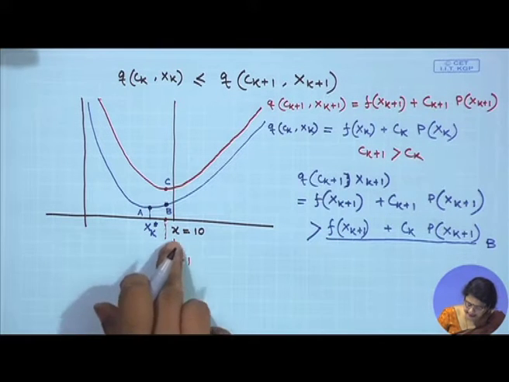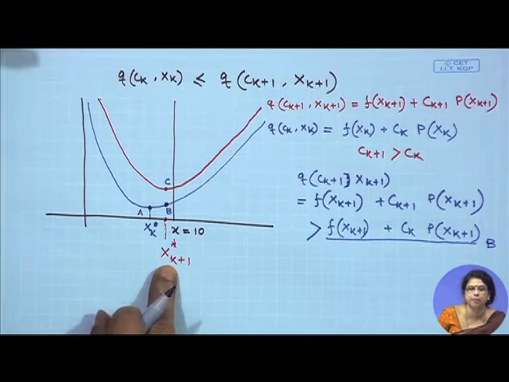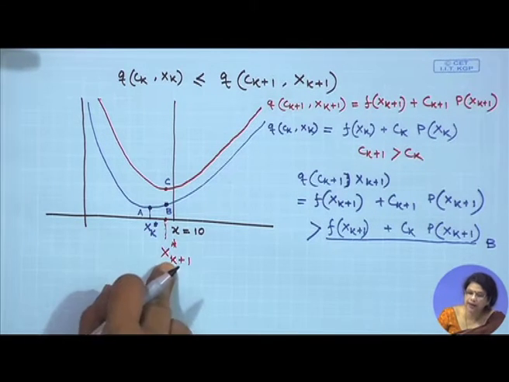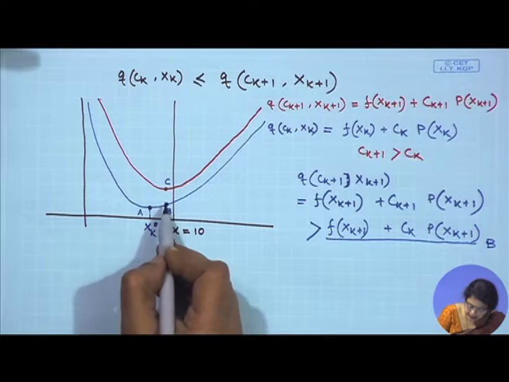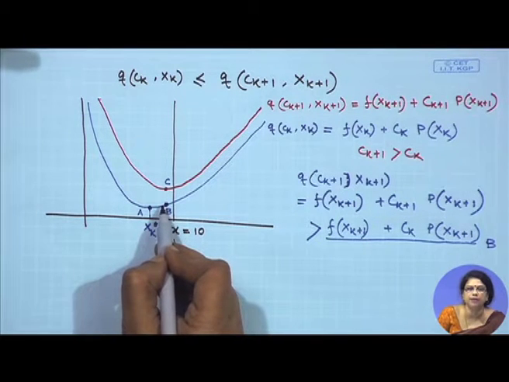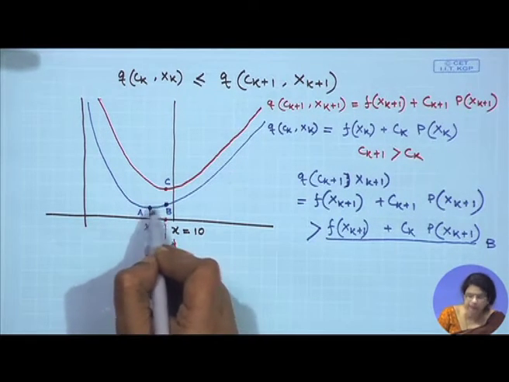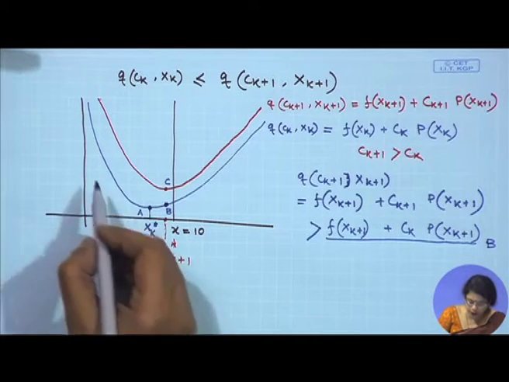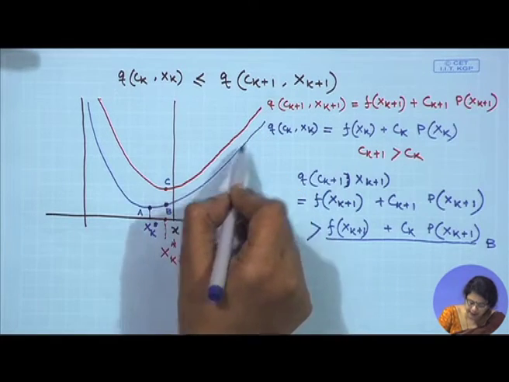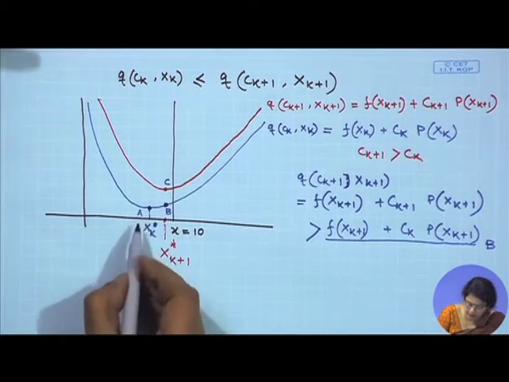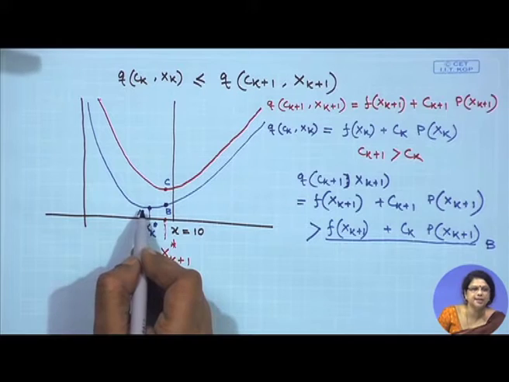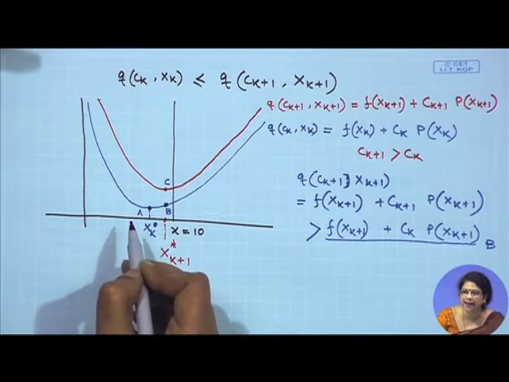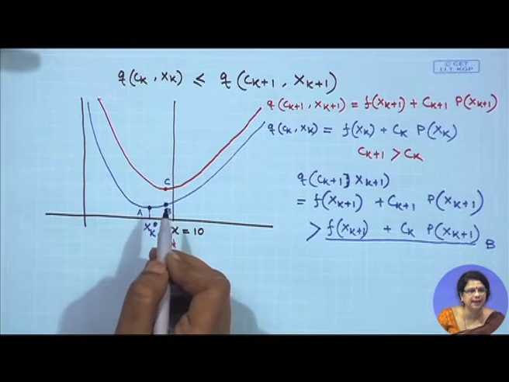Just consider instead of star, this is xk plus 1. Clear? Now, what you see, this B value, the functional value, is higher than the A value, is it not? Because this is the curve and this curve is giving the optimal solution at A. That is why any point other than A would be a higher value than A. That is why B is higher than A.